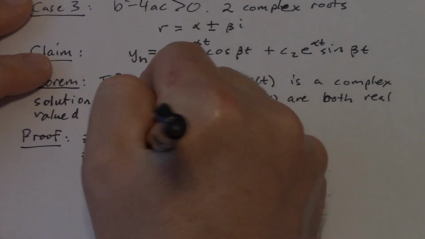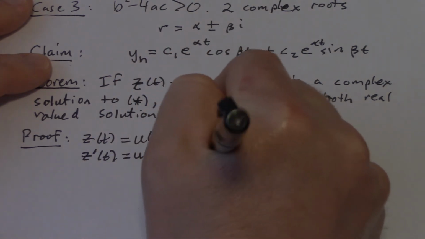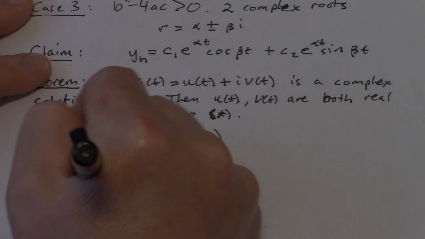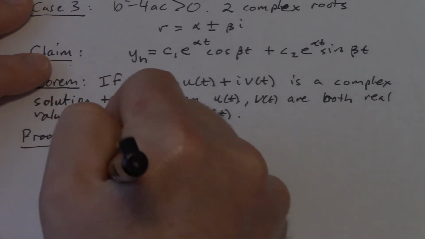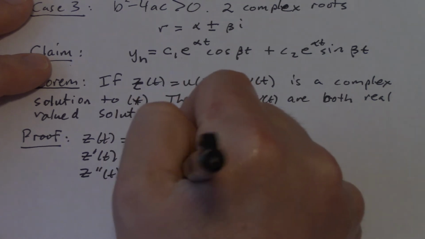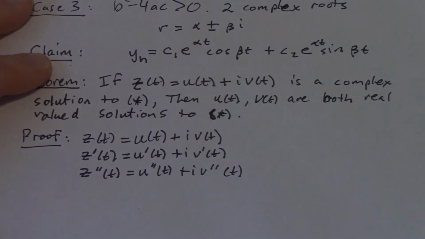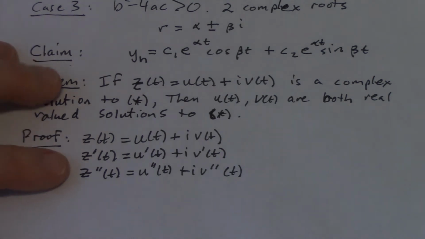So this would be u prime of t plus i v prime of t, and z double prime of t is u double prime of t plus i v double prime of t. Okay, so when I substitute this in, I'm not going to put the of t's because they're just going to get in the way.